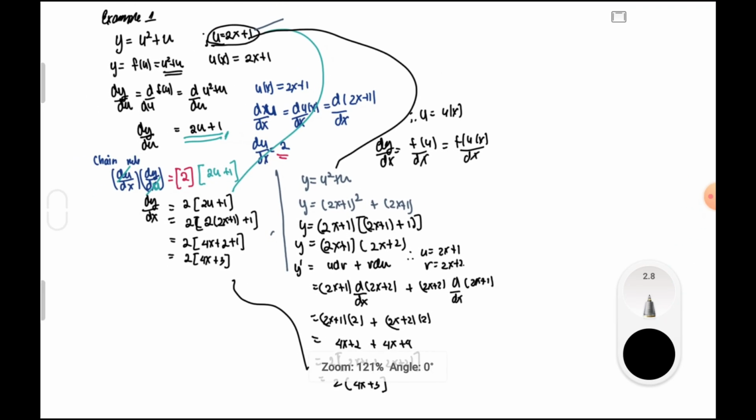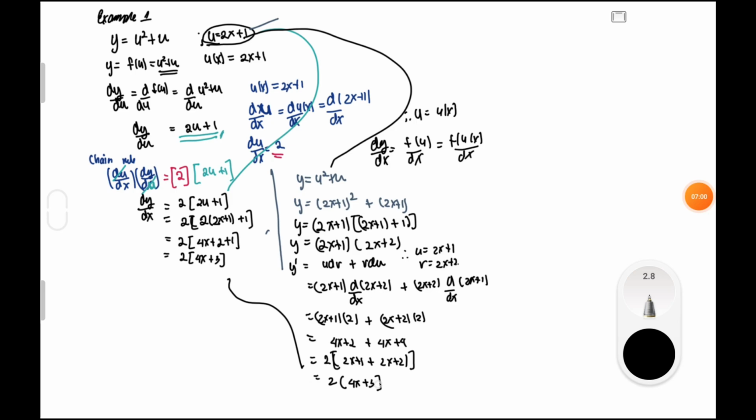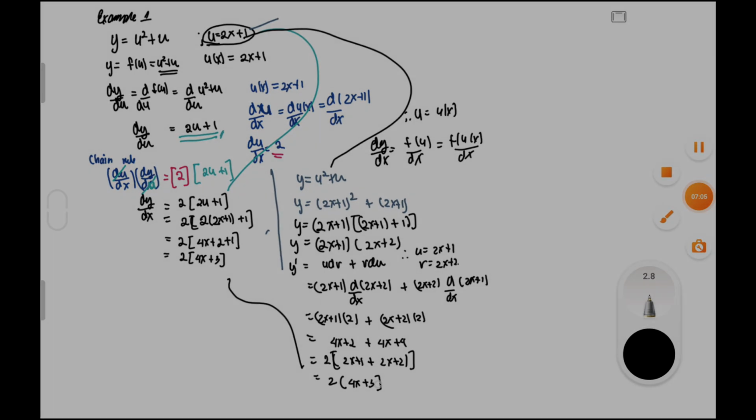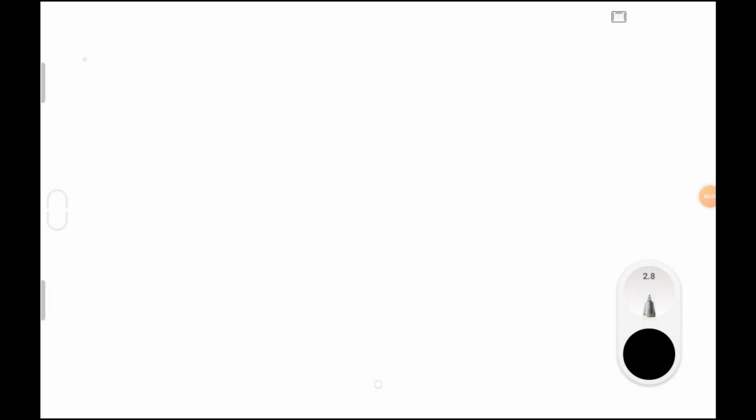This is our example number 1. Example number 2.